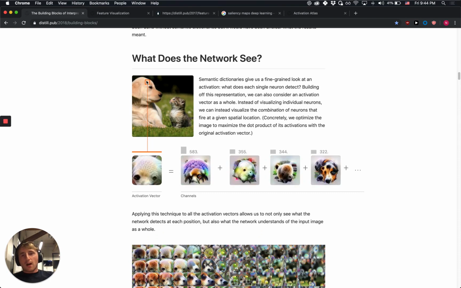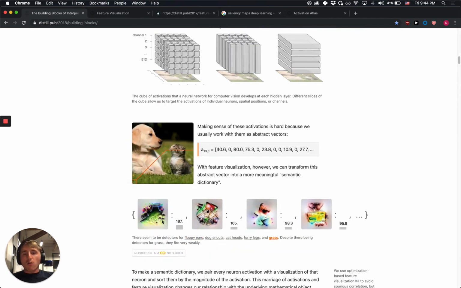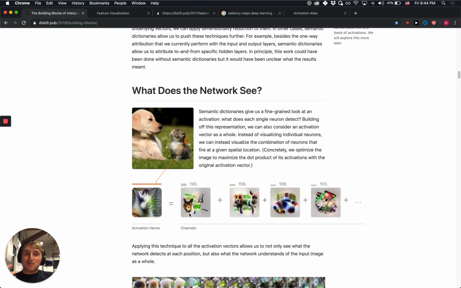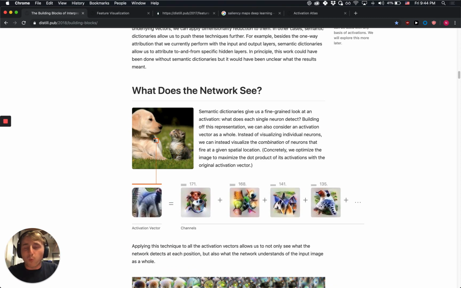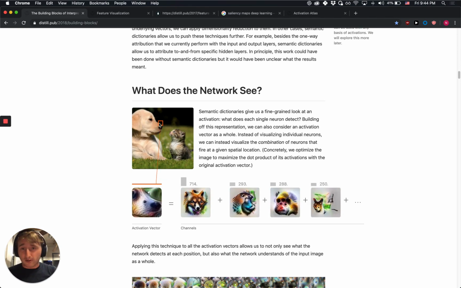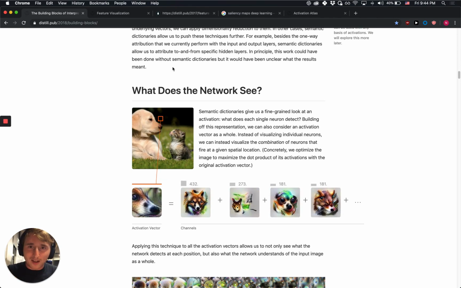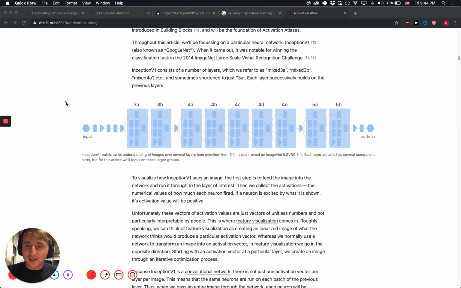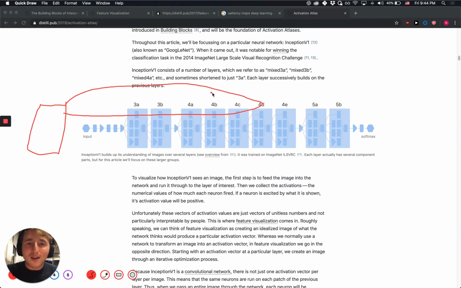So in the semantic dictionary, we're looking at all of the neurons that fire most highly, sorted by activation. This begs for another visualization. Instead of seeing just one neuron at a time, which is what this shows, we can have one feature visualization objective that tries to optimize all of them at once, proportional to the strength that each fires. Just like that feedback loop I defined here, where the image loops around to one neuron and comes back, instead of firing at one neuron, we're optimizing a set of neurons.